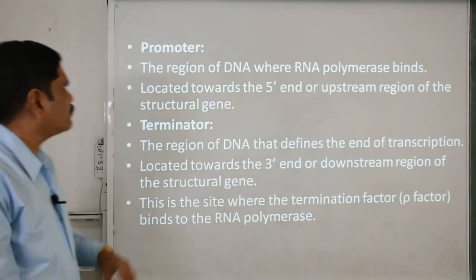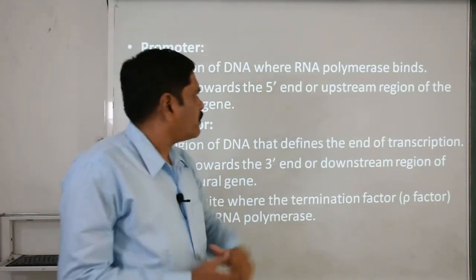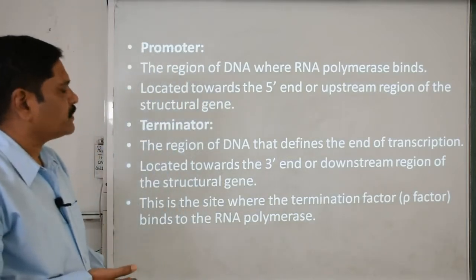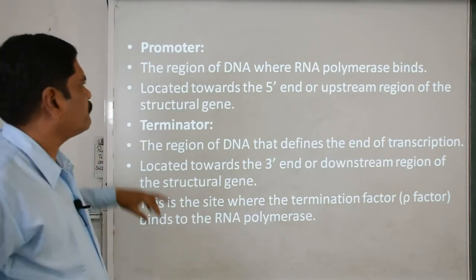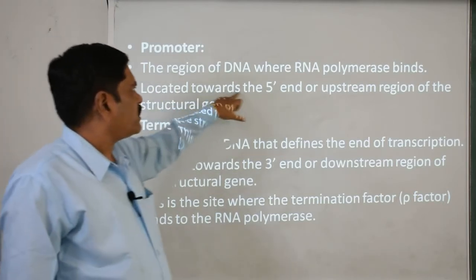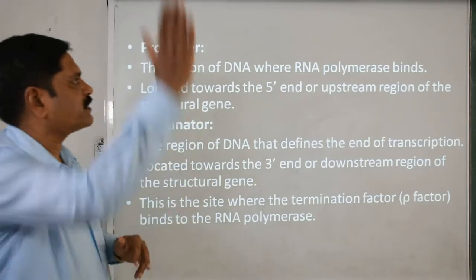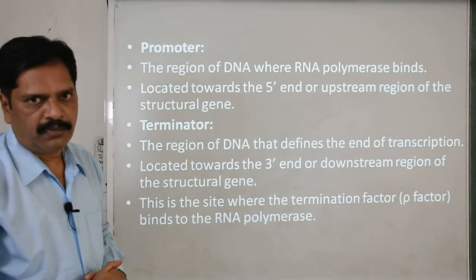First we are talking about the promoter, the region of DNA where the RNA polymerase binds, because of the initiation of the polypeptide chain. It is located toward the 5' end, the upstream region of the structural gene. Remember this thing.